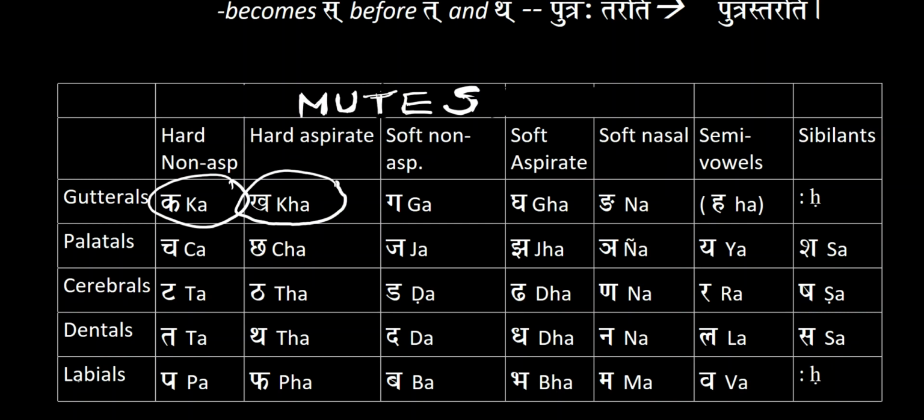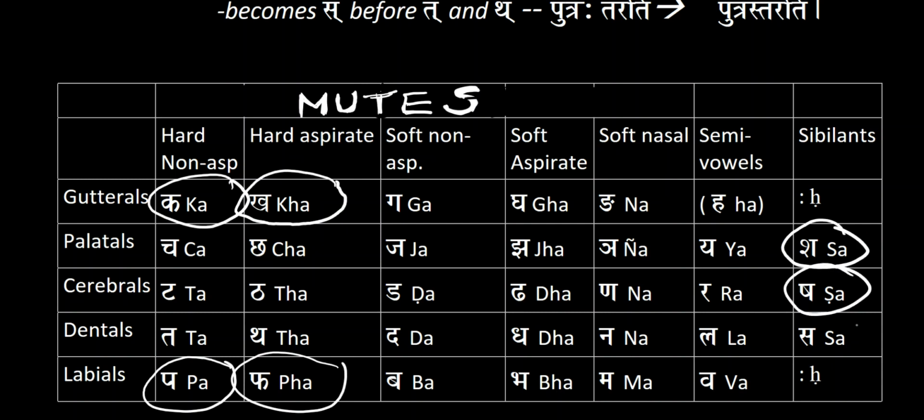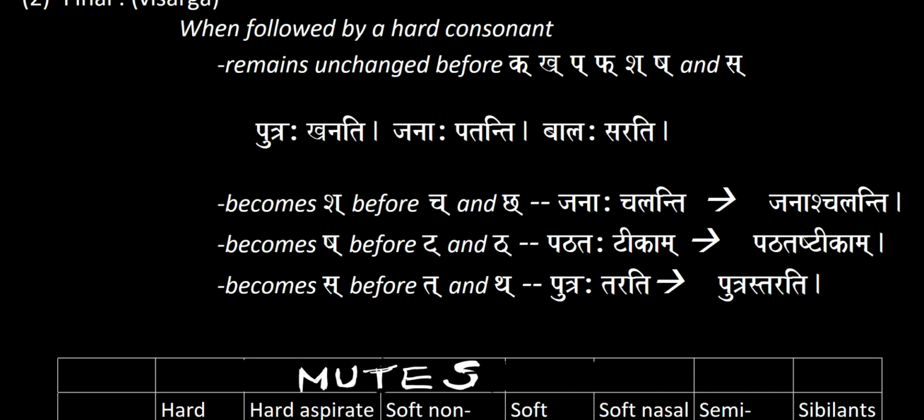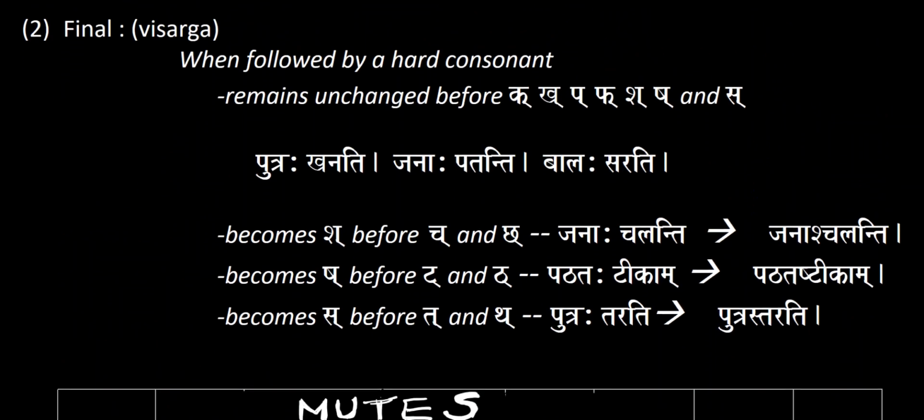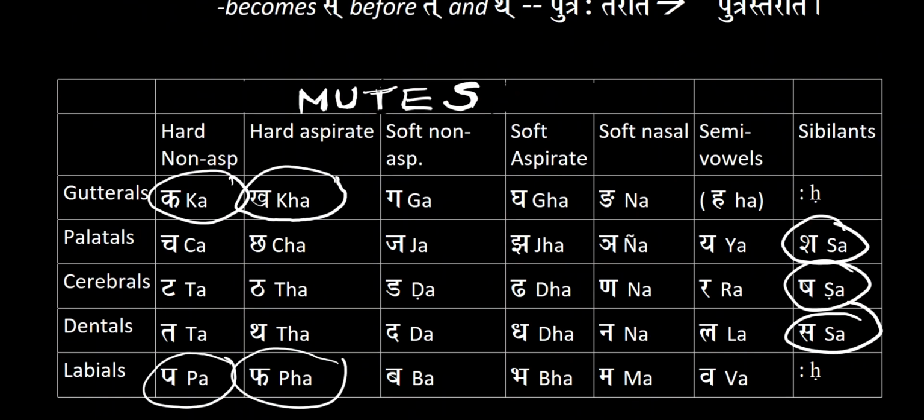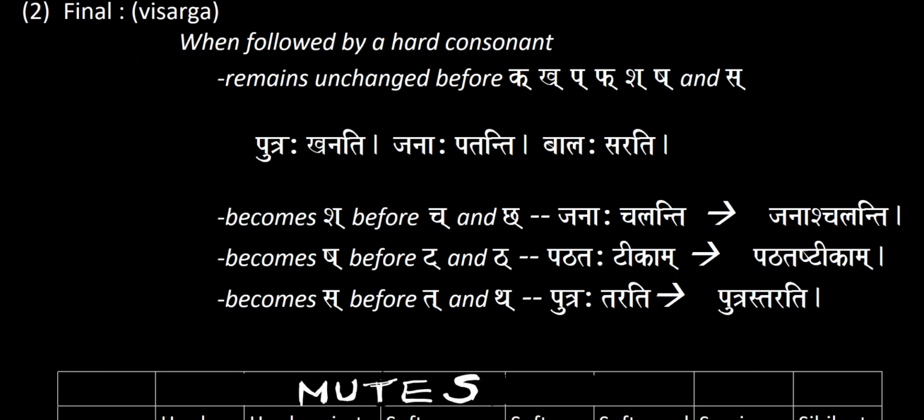So we have ka, kha, pa, pha, and the rule also mentions sha, sha, and sa. These are not hard consonants, but letters called sibilants. So when a visarg is followed by any of these letters that I circled here, it remains unchanged, before ka, kha, pa, pha, sha, sha, and sa.